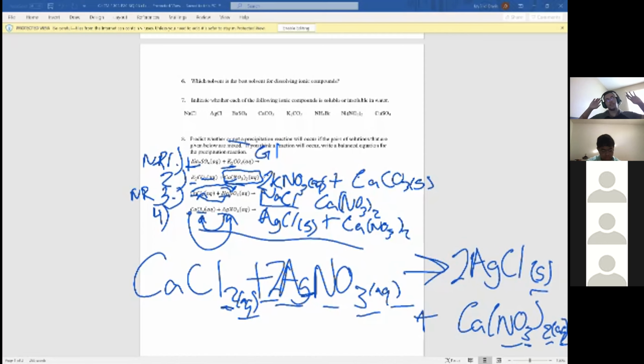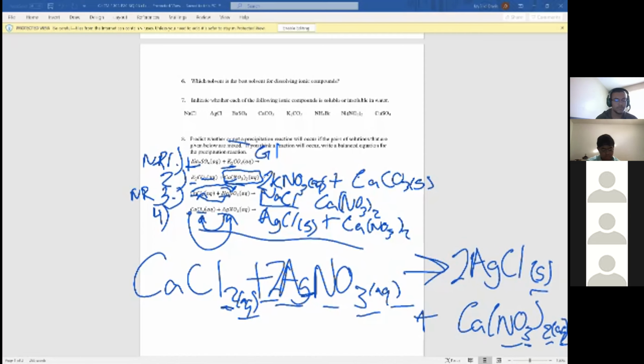And since it can't form a precipitate, no reaction will occur. The reason for this is since no precipitate is forming, all of these ions are just floating in this water. They're not able to bond with something and get out of the water. So they just stay as ions or bond with each other. But yeah, nothing will really happen. They're all just floating in there like a soup.